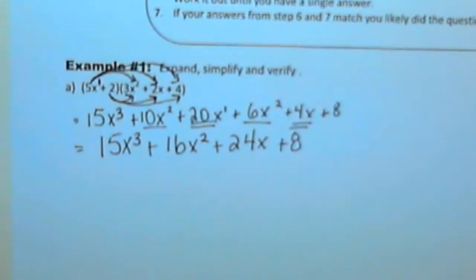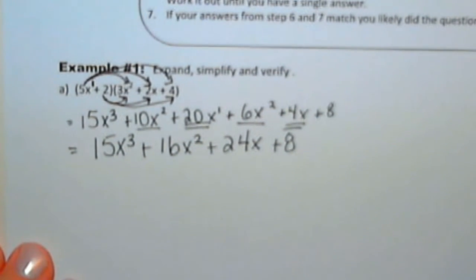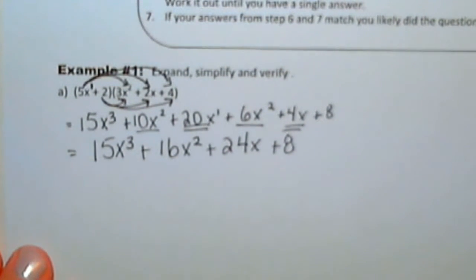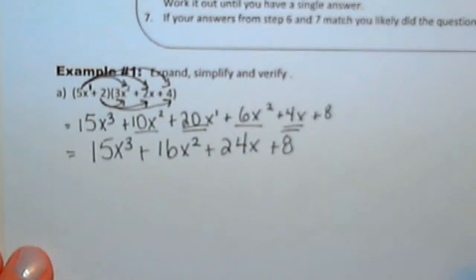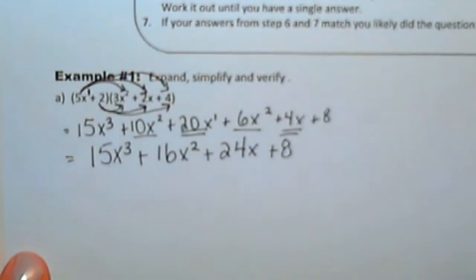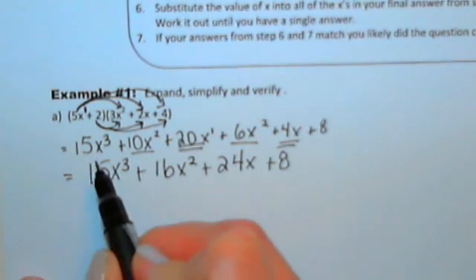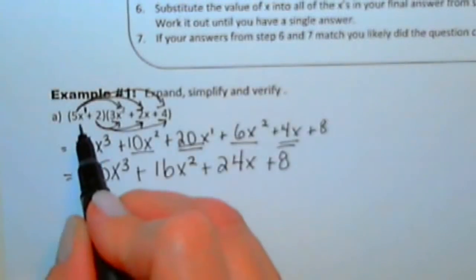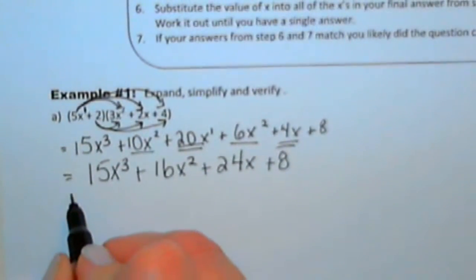Now the verify. The verify can be done in several ways, and the way that this particular section would like you to verify is we'd like you to choose a number for x, a value for x. x equals 2, or even x equals 1 is fine. So what I want you to do right now is to, underneath here, write down the original question again.